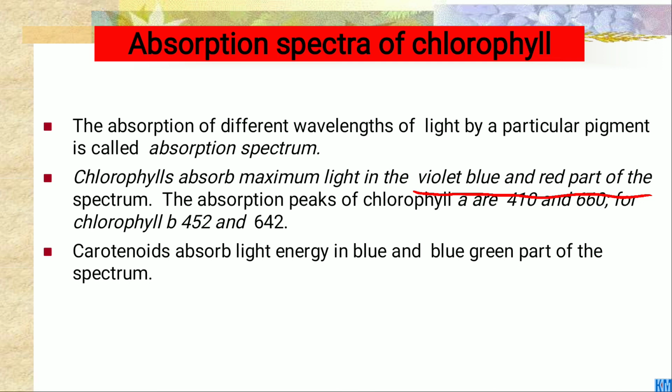Absorption peaks of chlorophyll A are 410 to 660, and for chlorophyll B 452 to 642. Carotenoids absorb the light energy in the blue and blue-green part of the spectrum.